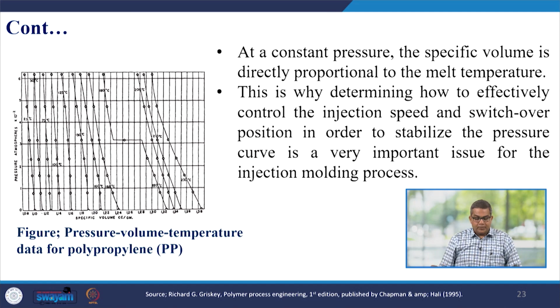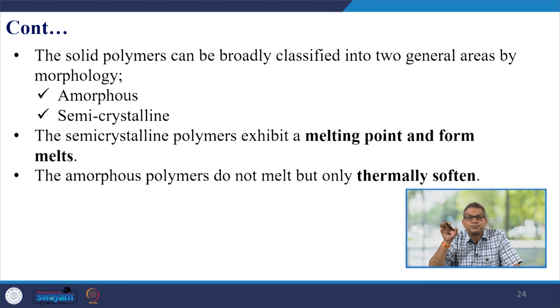So, at constant pressure, the specific volume is directly proportional to the melt temperature, and this is why determining how to effectively control the injection speed in the injection molding machine and the switchover position, in order to stabilize the pressure curve, is very important. And the knowledge about all these curves beforehand is extremely crucial and useful.